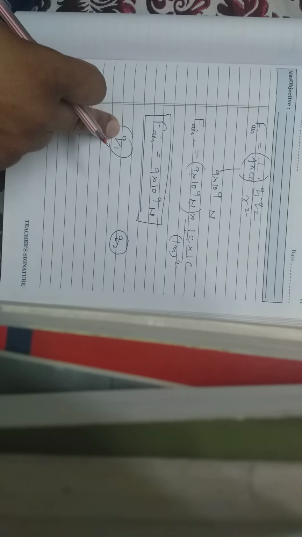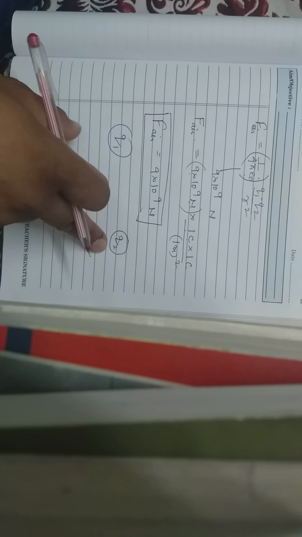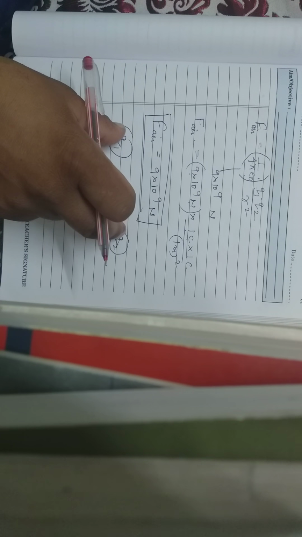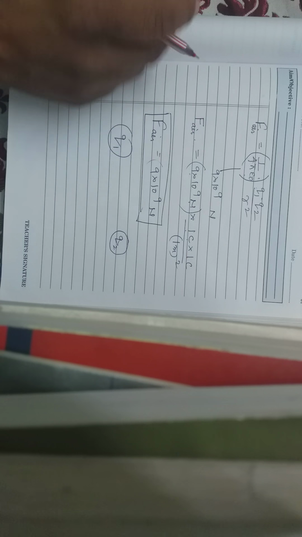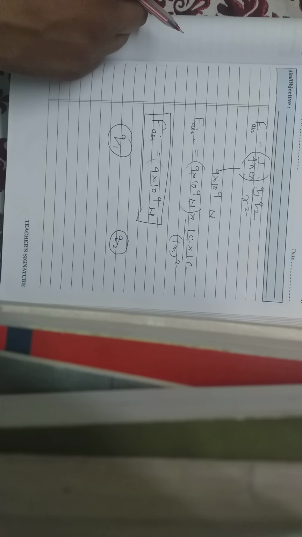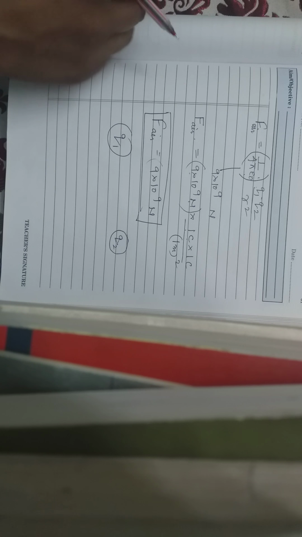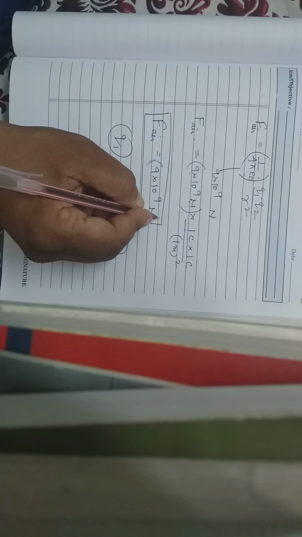If two bodies containing equal amounts of charge are separated by a distance of 1 meter, then this amount of force will operate between the two charges. So this is the definition of Coulomb.